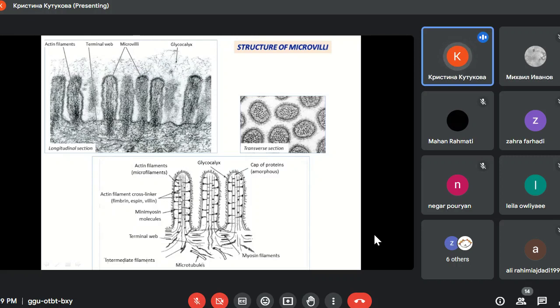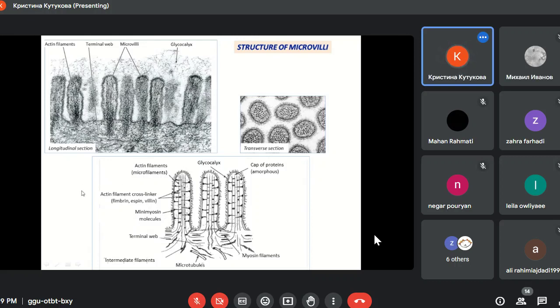Next, inside the microvillus, the actin microfilaments are attached together with the help of cross-linker proteins such as fimbrin, espin, and villin. And also they are attached to the cell membrane with specific mini-myosin molecules.